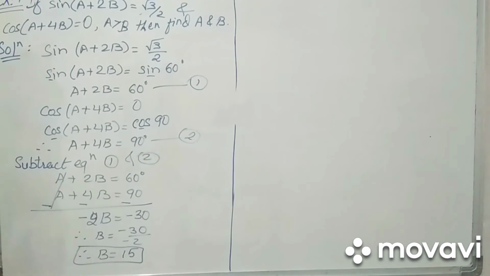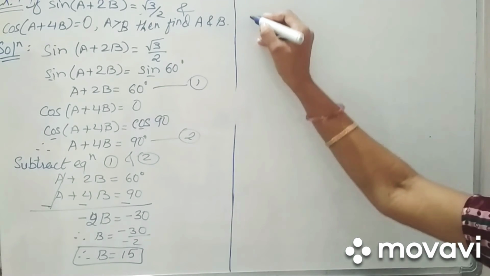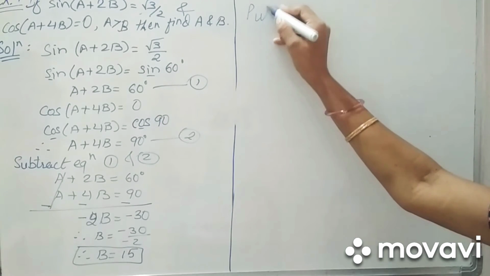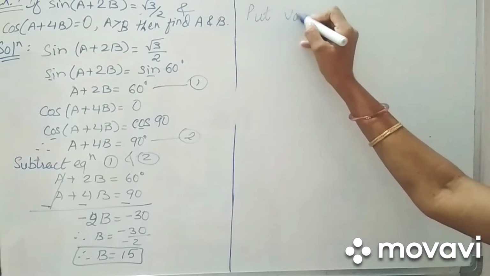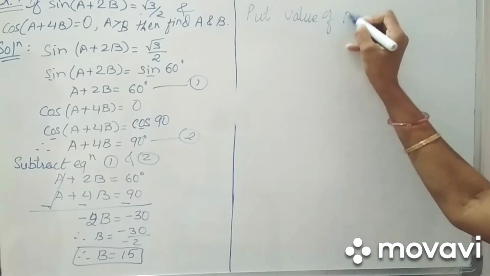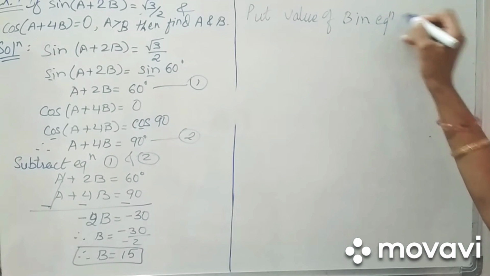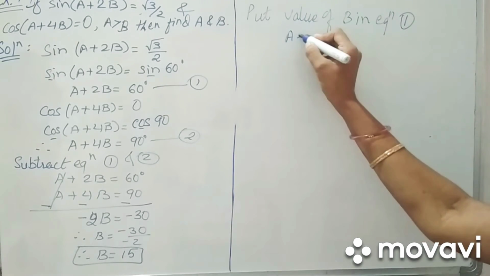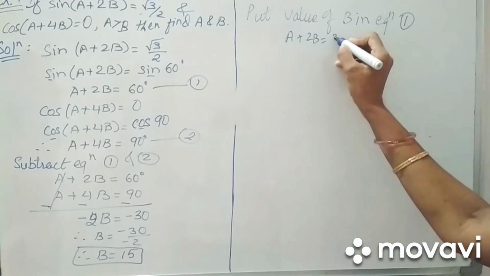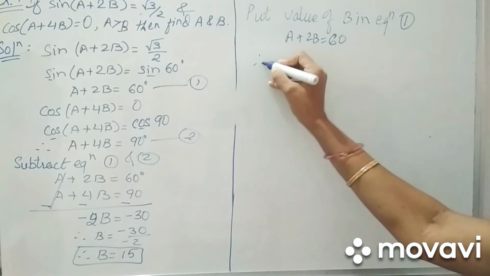You got the value of b? Now place it in the equation. Put the value of b in equation 1. a plus 2b is equal to 60.